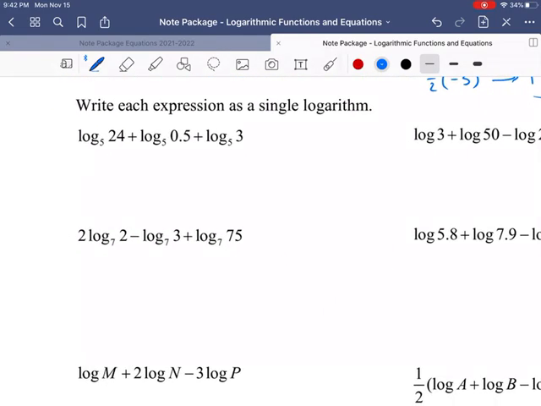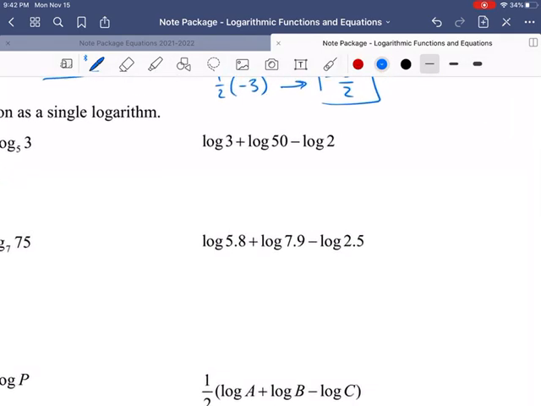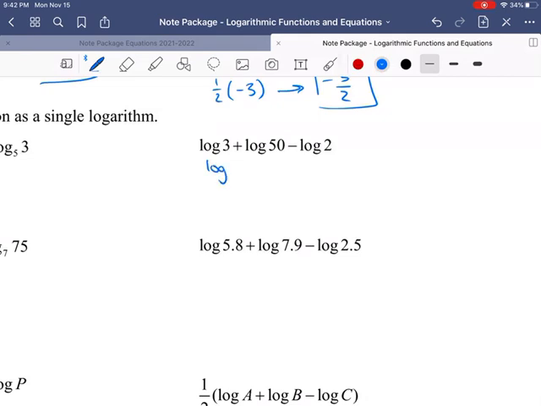All right, just writing these as a single logarithm. They're all the same base, so log 5, and then it's going to be 24 multiplied by 0.5 multiplied by 3. So this equals log base 5 of 36. Okie dokie, and we get log 3 multiplied by 50 divided by 2, and that will simplify to 75.